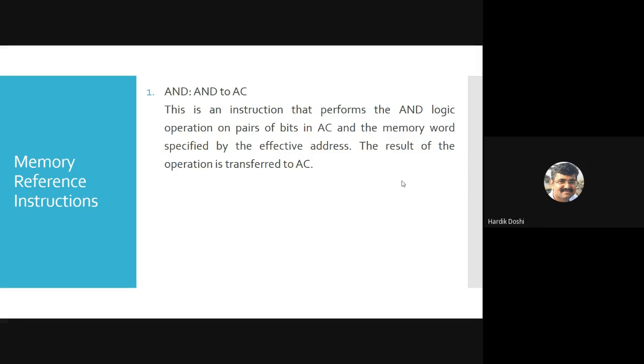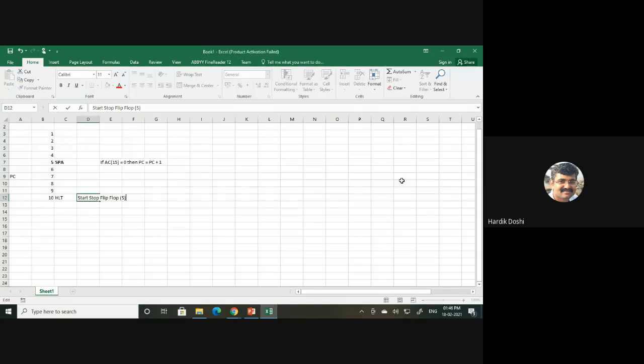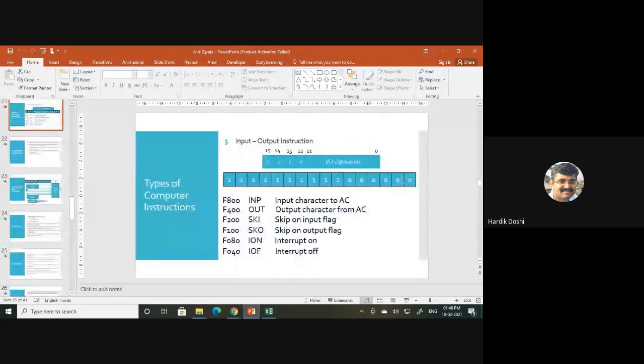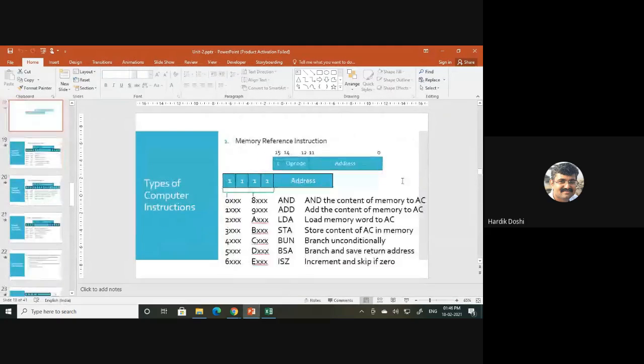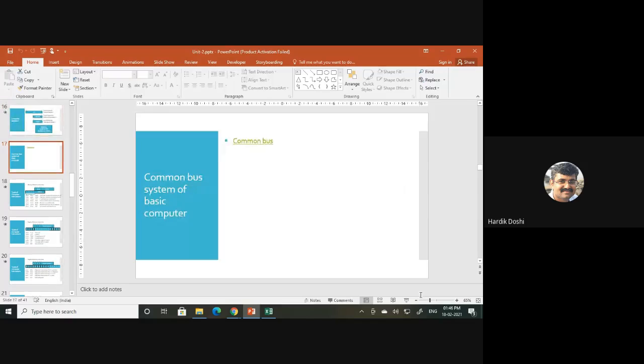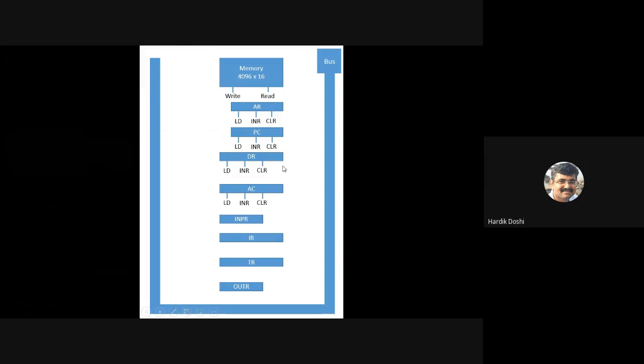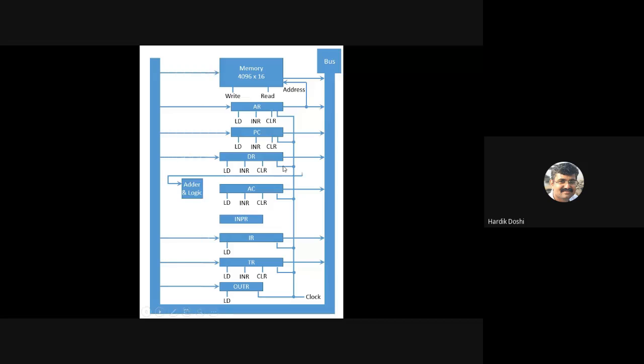But sir, we need to write the RTL for this. But what you are thinking is not that easy. Let's discuss it. For that, we should know the common bus system again. This is our common bus system, which we discussed previously.